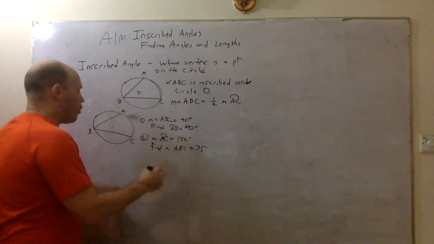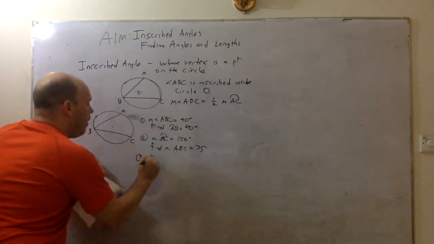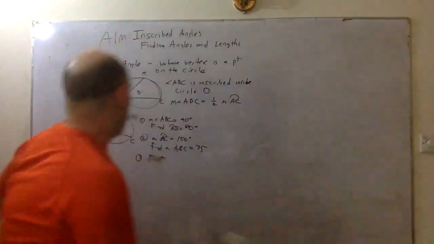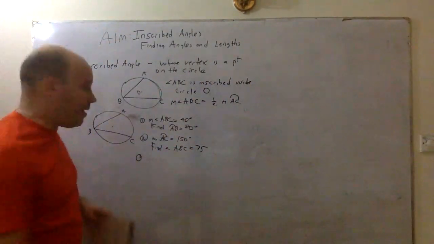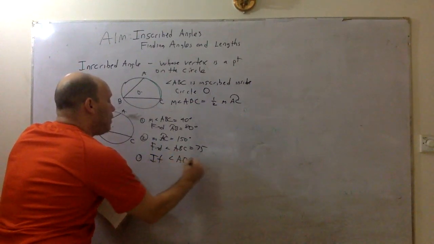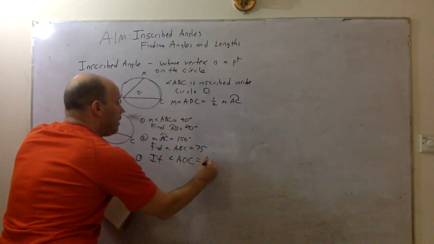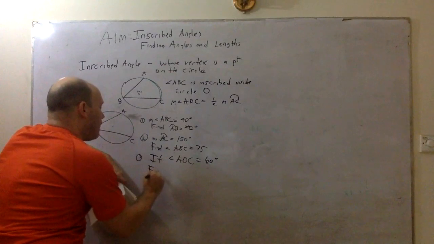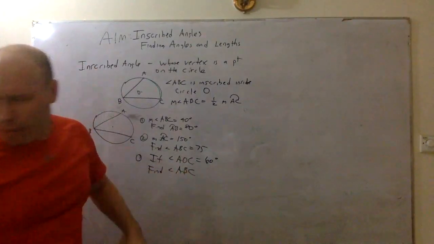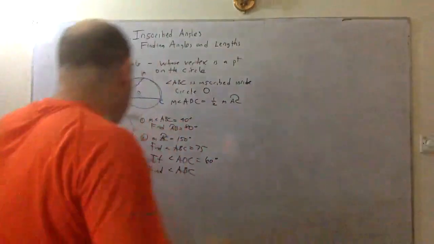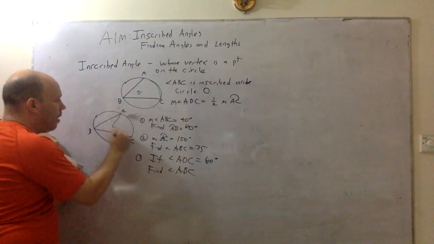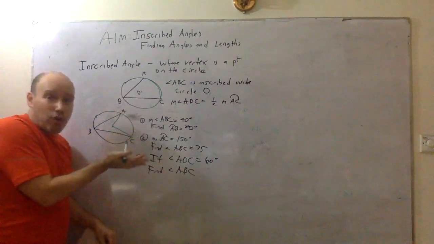Another fun question you might see is if angle AOC is equal to 60 degrees, find angle ABC. And you say, well, that's weird. But then you realize that AOC is a central angle.